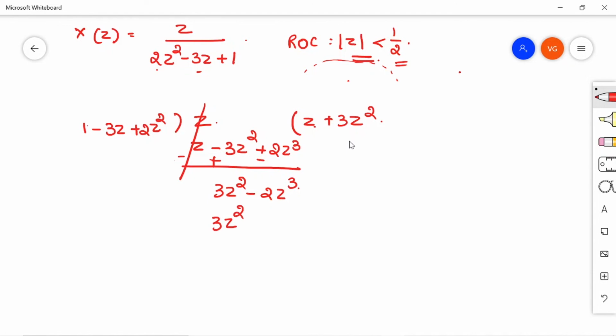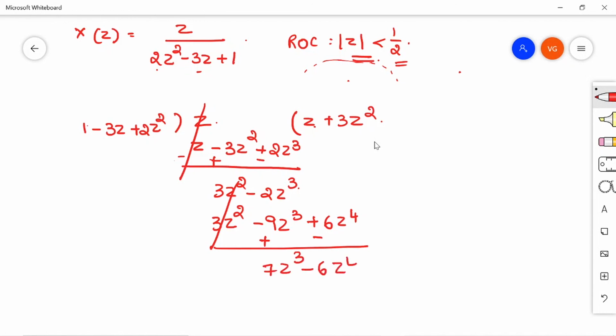So multiply this 3z square with each and every term in the denominator: 1 into 3z square, minus 3z into 3z square, that is minus 9z cube. Similarly, 2z square and 3z square gives plus 6z to the power 4. So this will get cancelled. Subtract, and I'll get 7z cube minus 6z to the power 4.